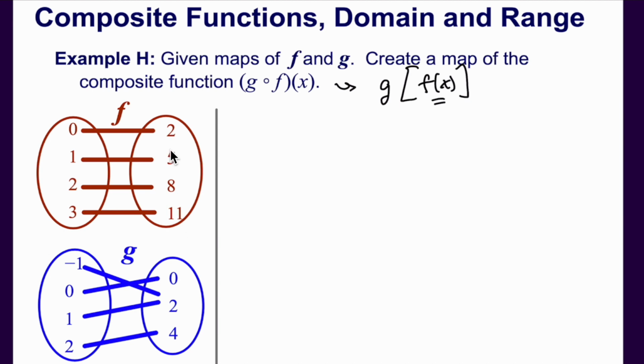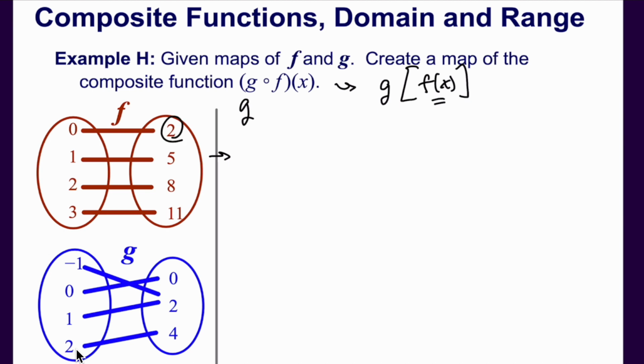Okay, so let's examine what happens here. F creates these outputs, 2, 5, 8, and 11. Unfortunately, g, which comes next in the composite function, is only able to work on the 2 from these outputs of f.